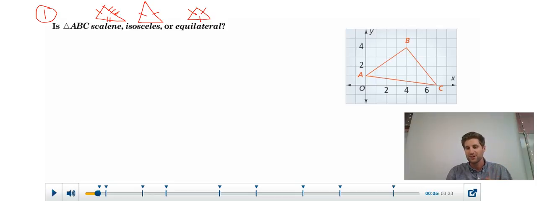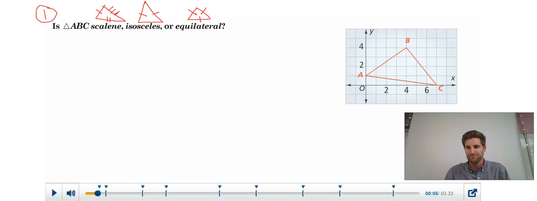I'm guessing that A and B are going to be congruent here, and I'm thinking this is probably isosceles. I think AC looks longer, so that's going to be my assumption. Again, I'm still going to go off numbers and facts, but having a good assumption helps us see what we're going for.